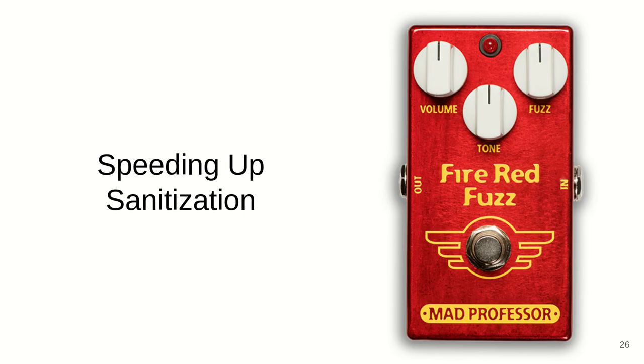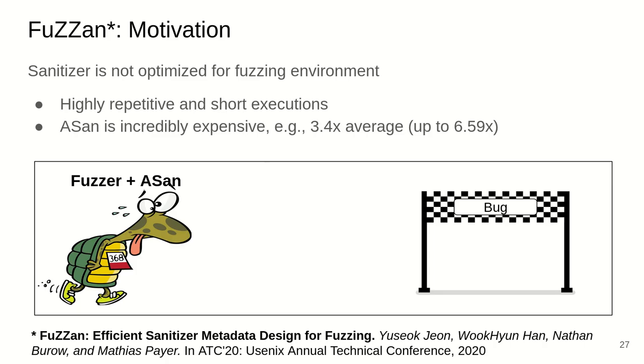Now let's figure out how to speed up sanitization. We've now talked about sanitization, how it works and what the trade-offs of the different policies are, but we'd also like to figure out if we can make this faster. We measured this on AddressSanitizer and discovered that the sanitizer is not optimized for a fuzzing environment.